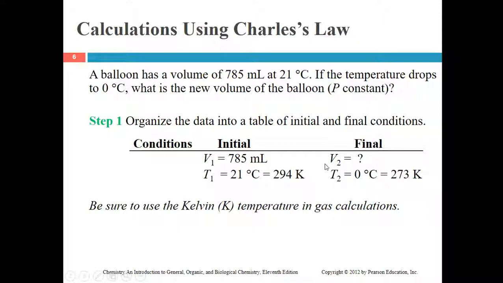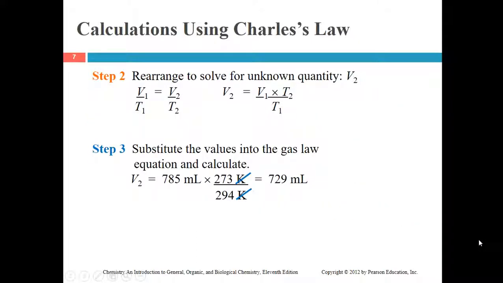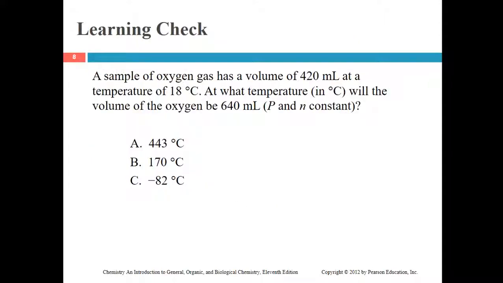So now we need to just solve for V2. Well, when we plug in our formula, our first volume is 785 times our second temperature, 273 K, divided by our first temperature, 294 K. So 785 times 273, press enter, divided by 294 is 729 milliliters.